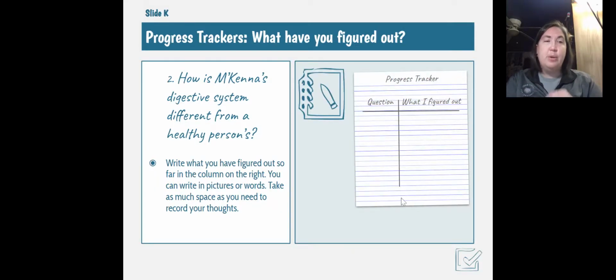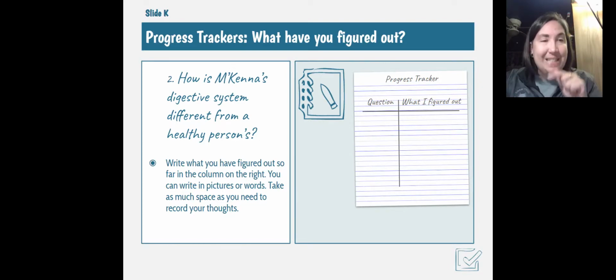All right, time to grab those progress trackers. So grab your progress tracker, and I want you to find lesson 2 and think about what you figured out, right? We already have the question there. What are some of the things you figured out? So let's think about some of the big ideas that we've learned about in both part 1 and part 2 of this lesson. First, we figured out that the digestive system is made up of parts called organs, right?